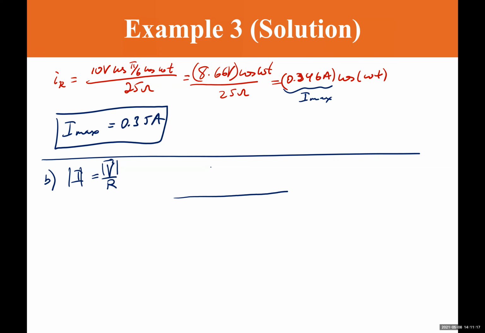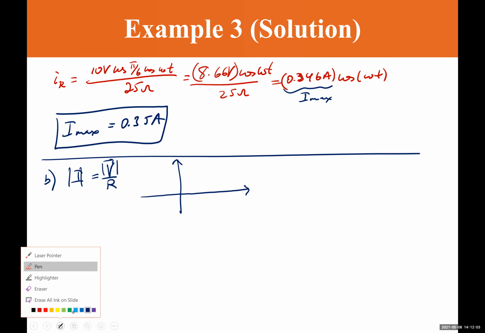So I can represent this as, and remember, the vectors are completely independent of the circuit diagram. So for example, if I have coordinates, I can just put them anywhere I want. But it's easy to see that one of them was theta minus alpha, and alpha is pi over 6, which is 30 degrees.